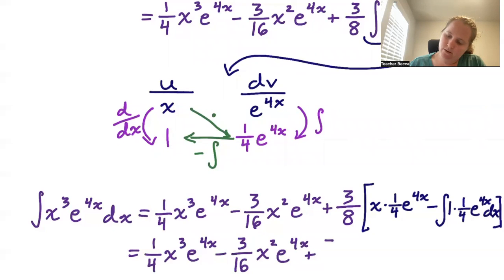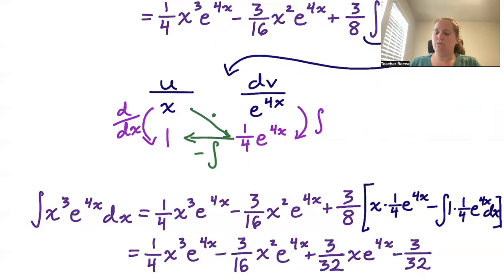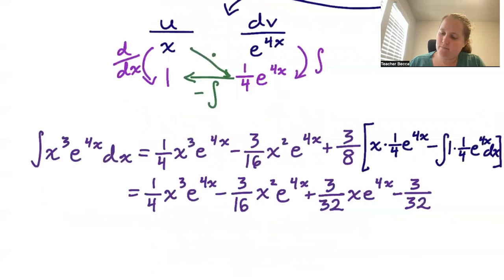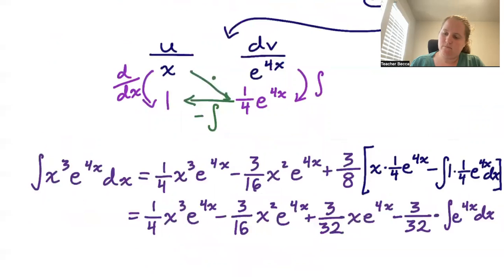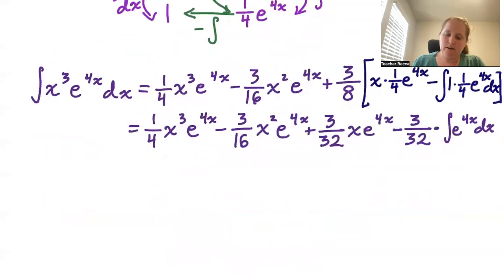plus 3/32 x e to the 4x minus 3/32 times the integral of e to the 4x dx.